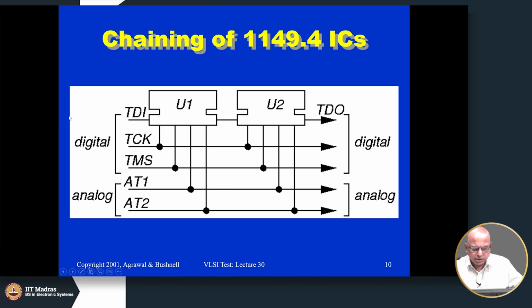They have also described how, if there are multiple chips on the board, to connect AB1 and AB2. So people who develop these ICs must stick to the standard. They must provide TDI, TCK, TMS and TDO.